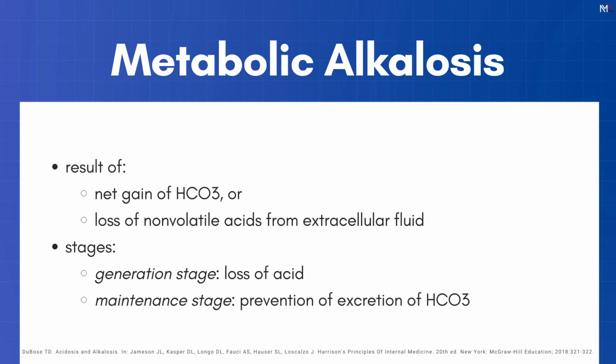So there are two stages for metabolic alkalosis. First, the generation stage, wherein the loss of acid happens, and then the second is maintenance stage, which occurs because secondary factors prevent the kidneys from compensating by excreting bicarbonate.